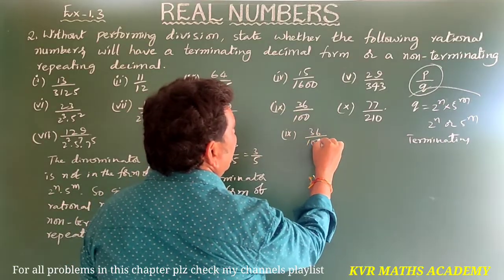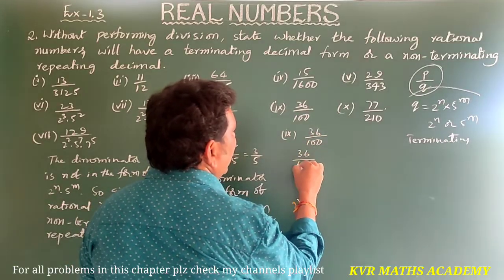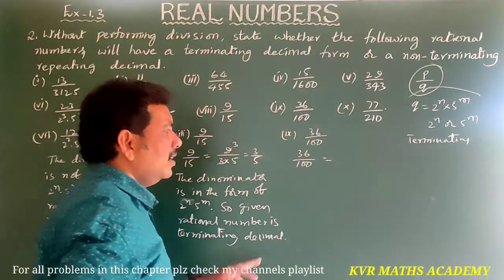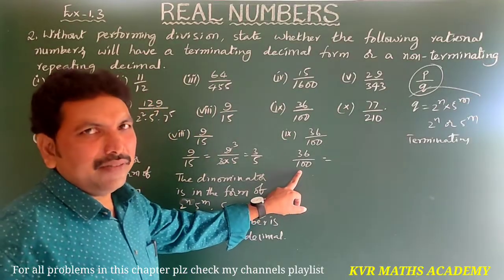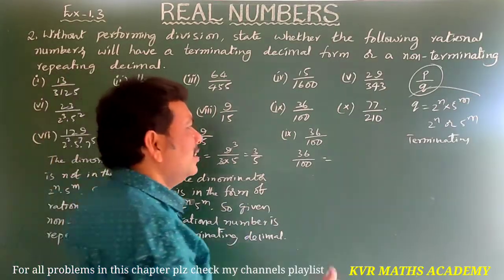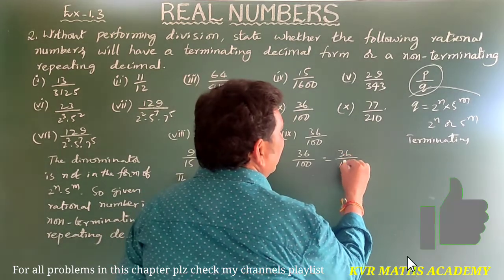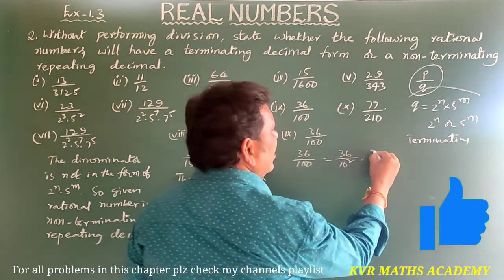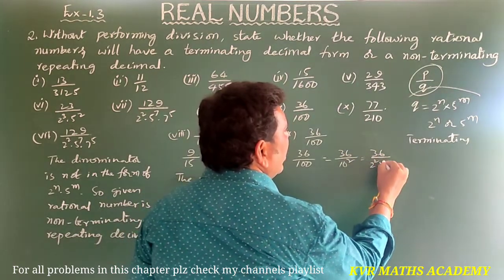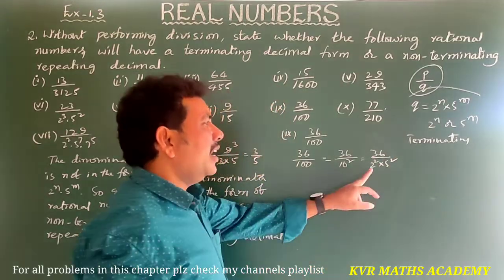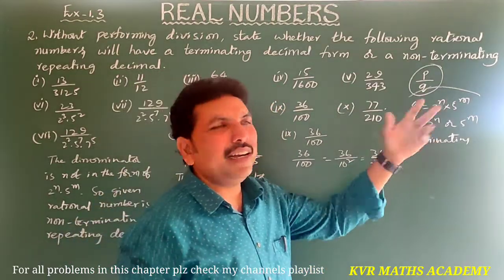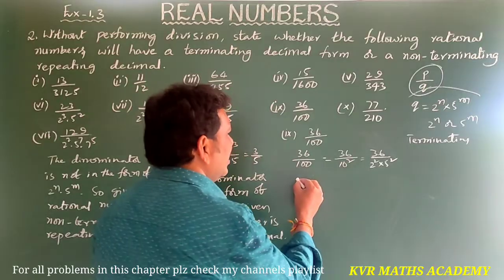Coming to the 9th one. 36 by 100. So 36 by 100, how can you write this one? 100 means 10 into 10, 10 square. So 36 by this is 10 square, no? So 36 by 2 square into 5 square. So clearly it is in the form of 2 power n into 5 power m. Yes.